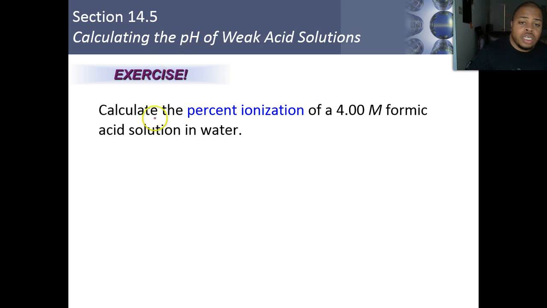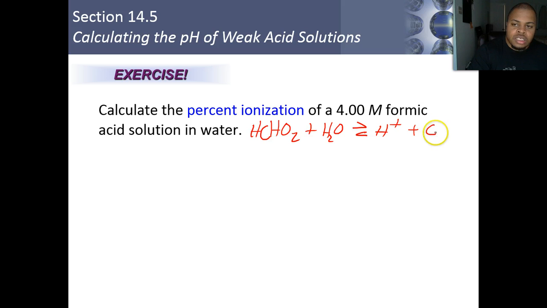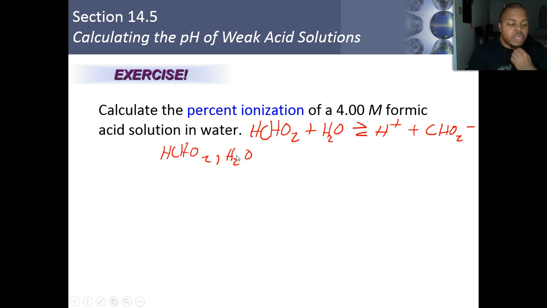Well, what's our reaction? We have HCHO2 plus H2O yielding H plus and CHO2 minus. Now, we know that our major species, because it's a weak acid, are going to lie on the left. So our major species are HCHO2 and H2O. Which one is going to be the dominant reaction?